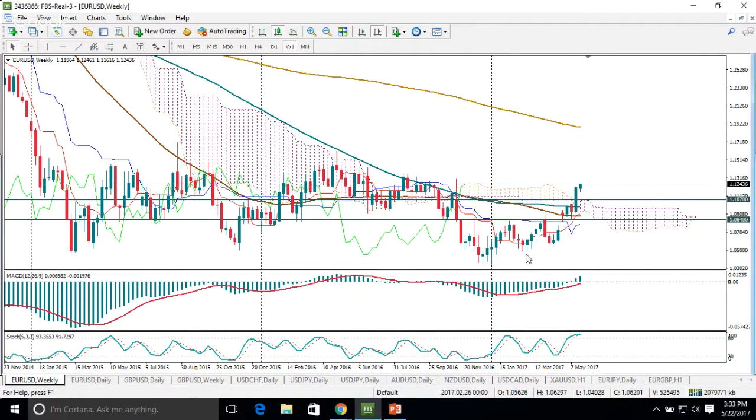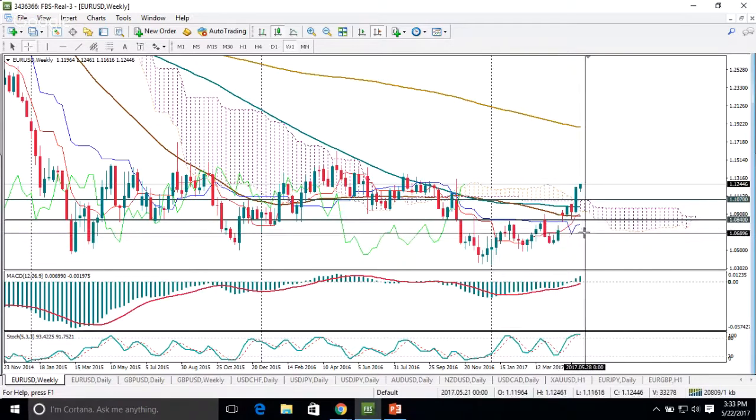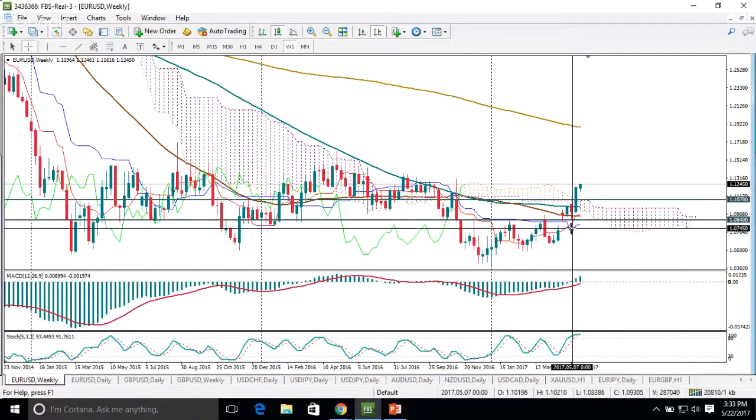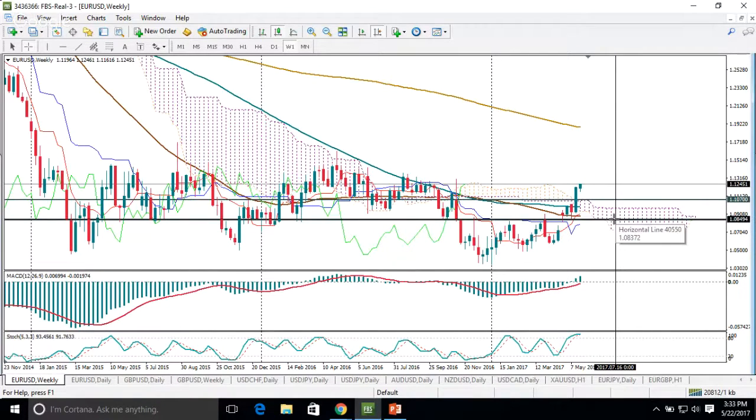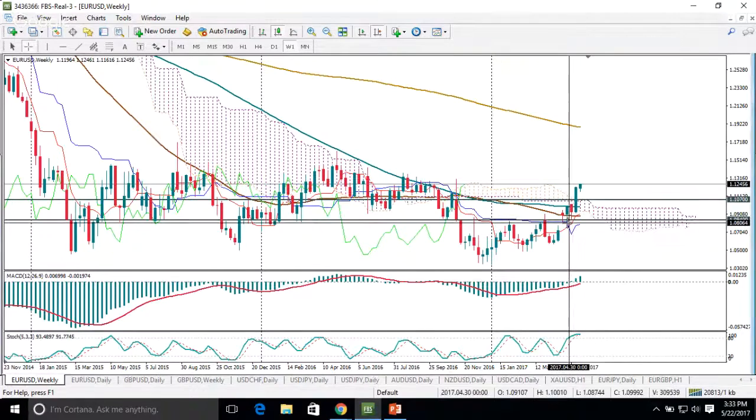And if we talked about the triple top in the US dollar index, for the euro-dollar the situation, I think, is quite opposite. Here we can distinguish a triple bottom formation with the neckline, which is located roughly around 1.0830, 1.0840.